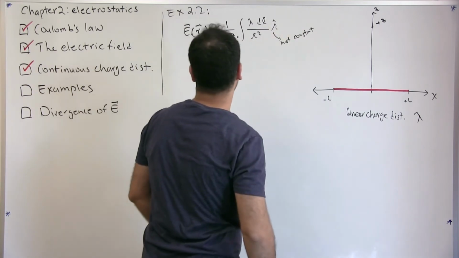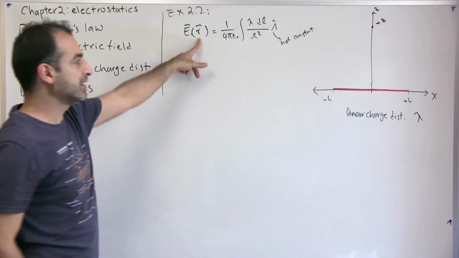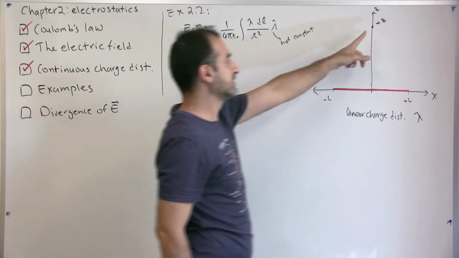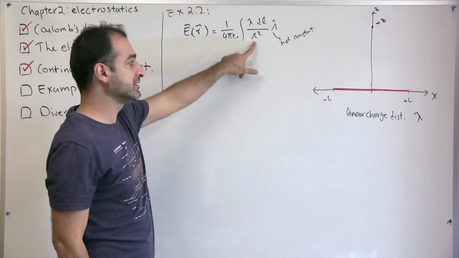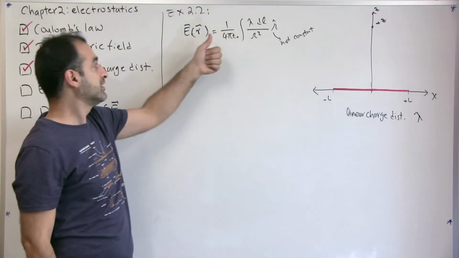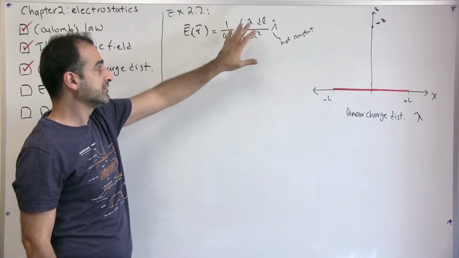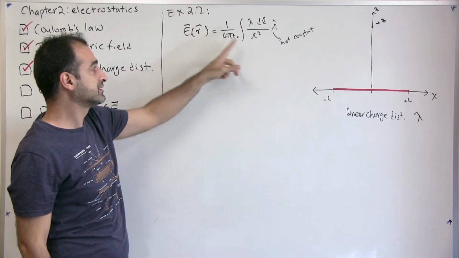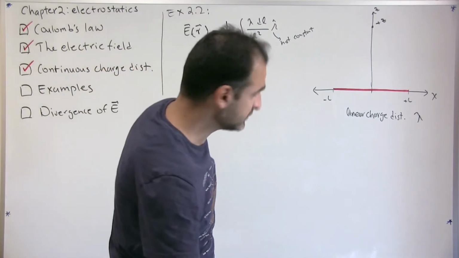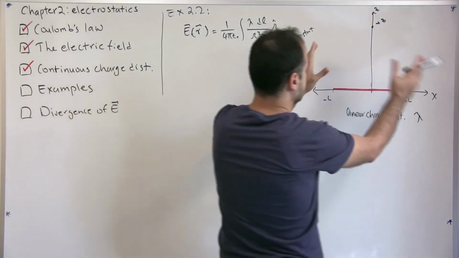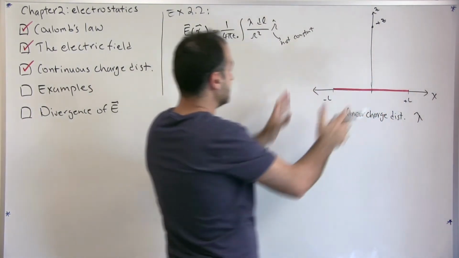The capital R, the position where we are calculating the electric field, is constant when you are doing this integral, but the separation vector is not.